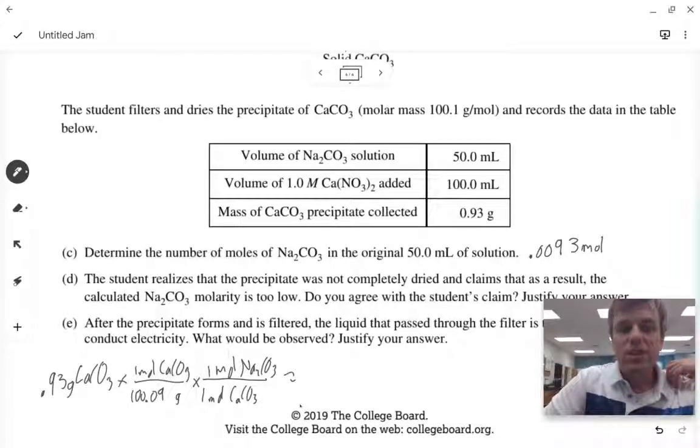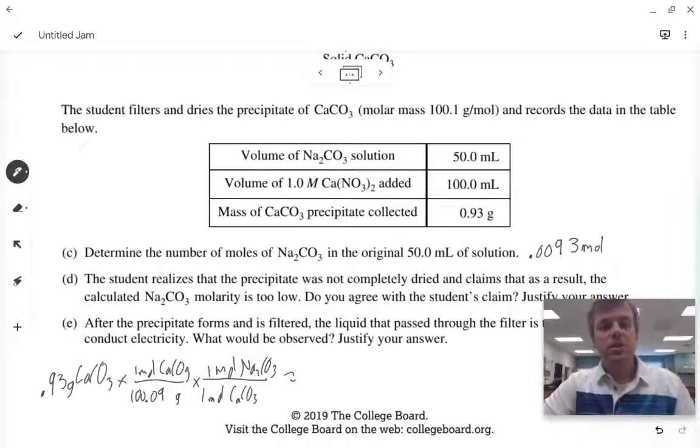Then it says that the student realizes the precipitate was not completely dried and claims that as a result, the calculated molarity is too low. Do you agree with the student's claim?